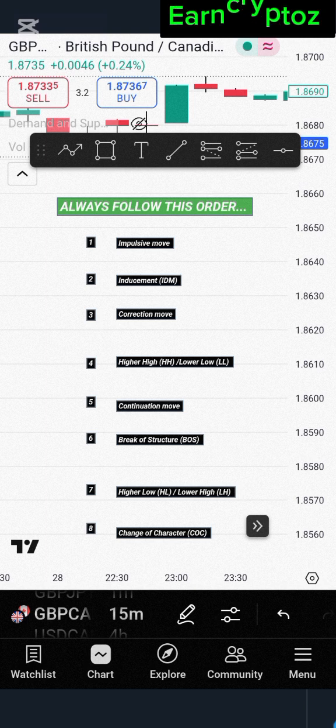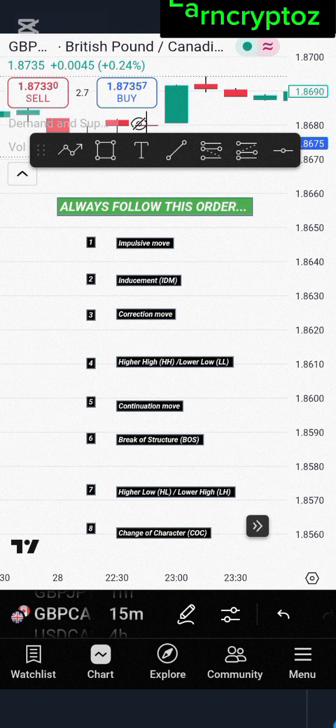So note the numbers, very important to follow the numbers. Know what is number 1, what is number 2, what's number 3, what's number 4, what's number 5, what's number 6, what's number 7, and what's number 8. Once you always have it in your head, it's easier to follow whenever you open a new chart.